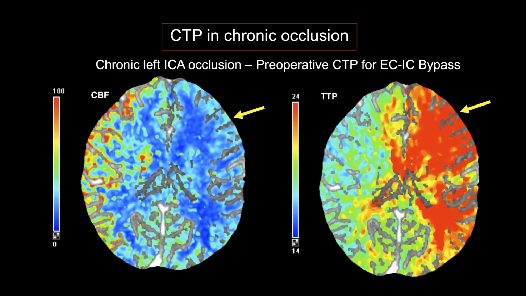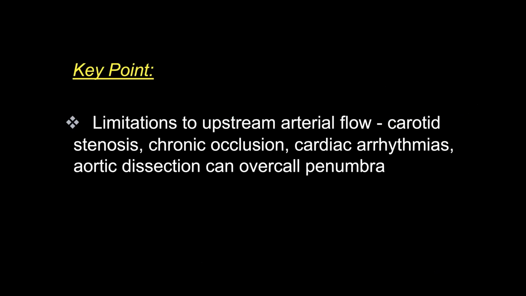So chronic occlusions can really impact how your Tmax looks. The key point here is that any limitation to the upstream arterial flow, whether it is carotid stenosis, chronic occlusion, cardiac arrhythmias, or aortic dissection, can overcall your penumbra. So be careful before you assign all that penumbra to that acute code stroke event.